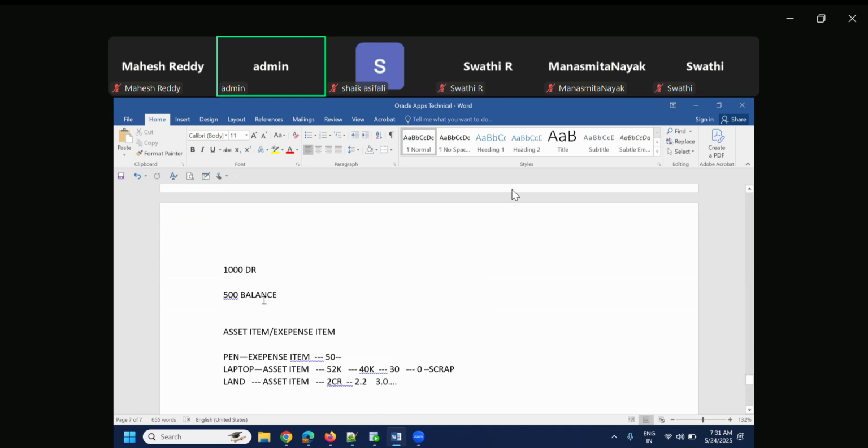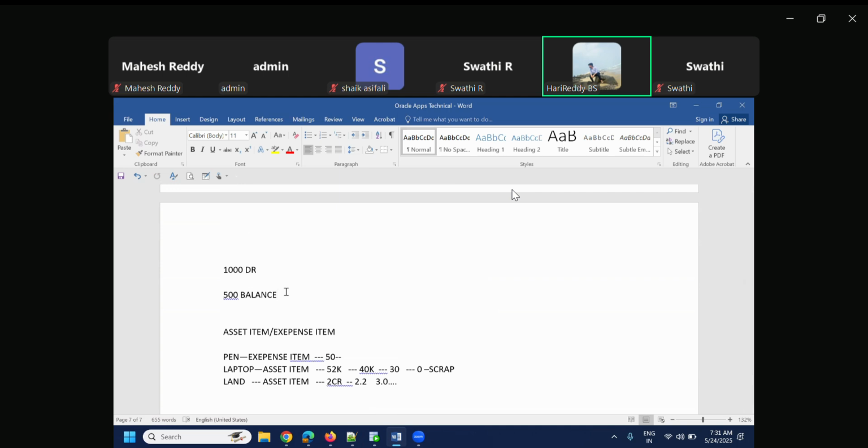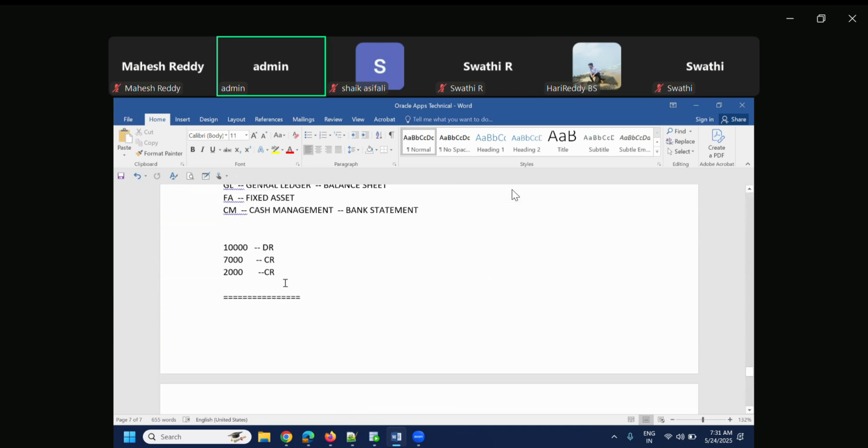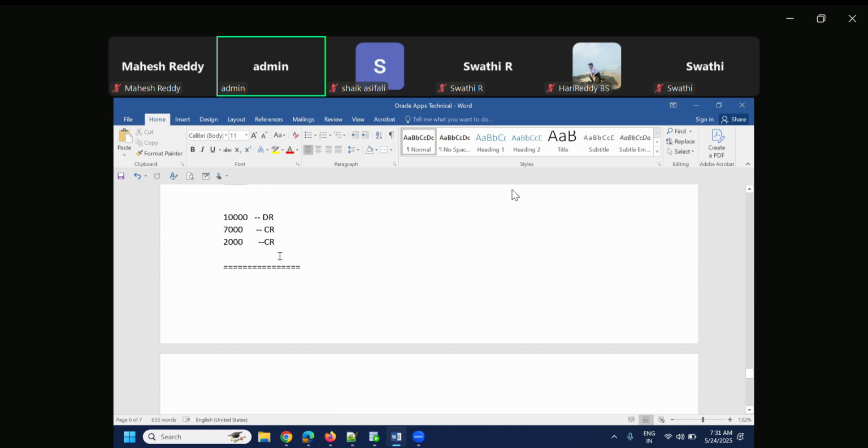What is your action? You check the bank statement. You will go online, or get the bank statement from the bank, and compare the transactions. In the bank, you see one more transaction of 500 rupees, some charges.